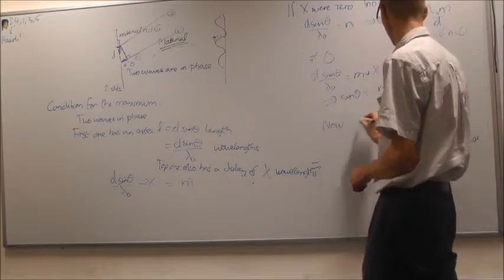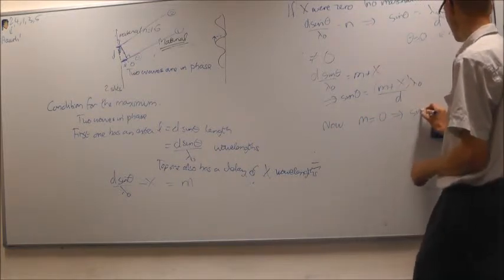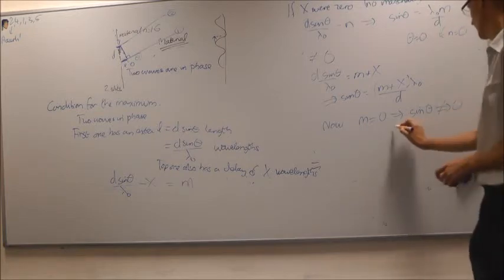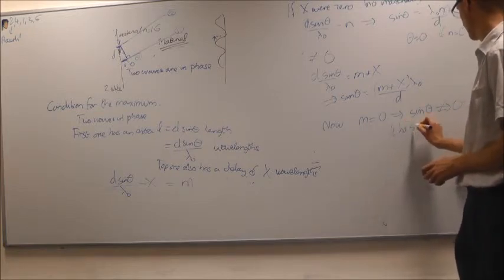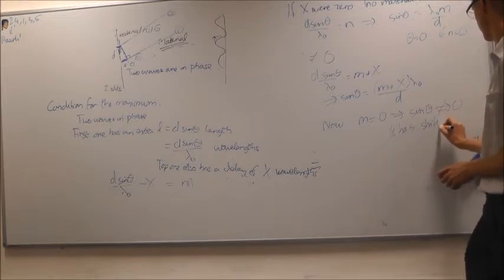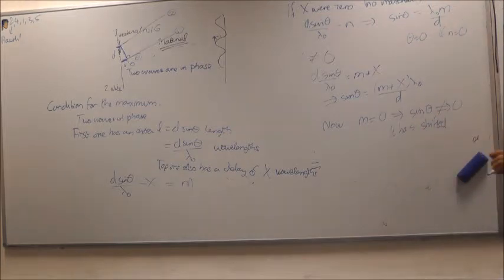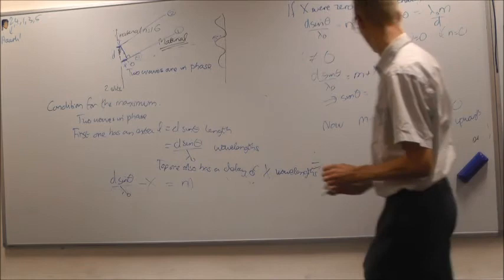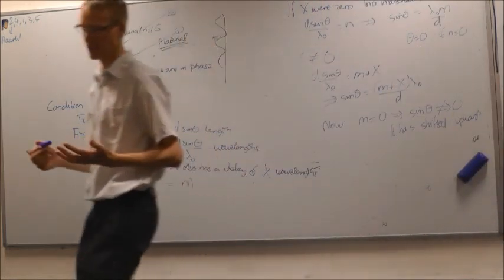So now m equals 0 implies sine theta does not equal 0. It has shifted. In fact, upwards, we've got a little bit of a shift up there. And there's the explanation.